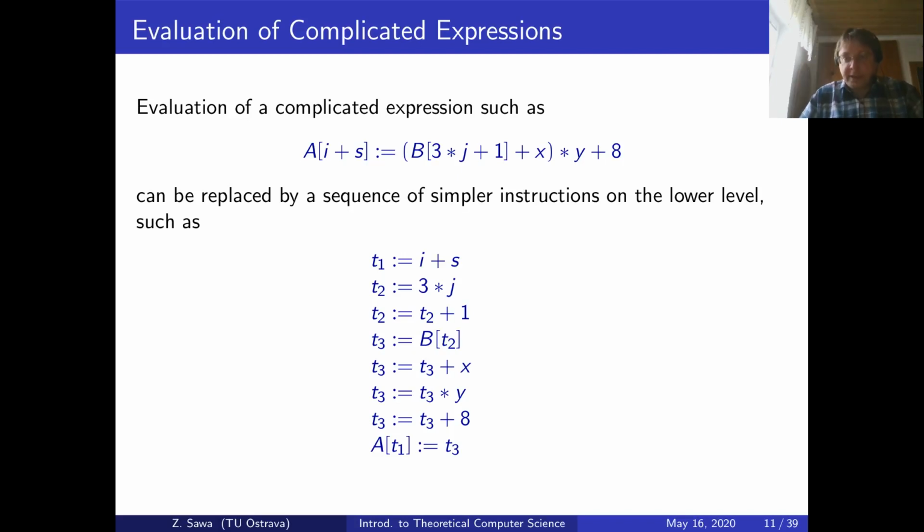If it would be necessary, we could assume that in the control flow graph all these operations are really very primitive, like adding two numbers and assigning somewhere, reading an element from or writing an element to an array, and so on.